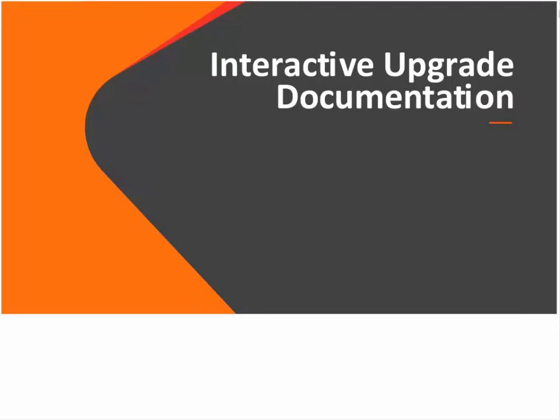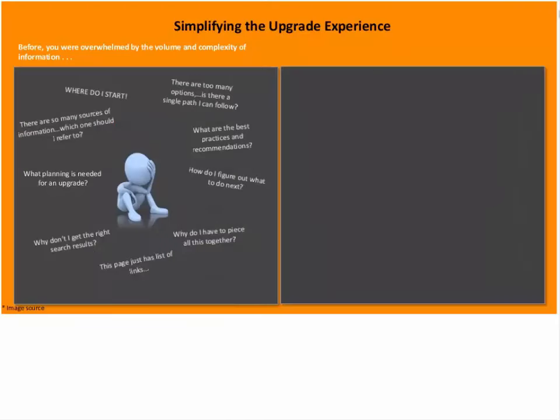So let's look at the interactive upgrade documentation that is added to 9.0. Before, when you were doing an upgrade, you were overwhelmed by the volume and the complexity of the information. The information was scattered all over the place. It did not clearly define a single path which you can follow to upgrade from your version to the latest version.